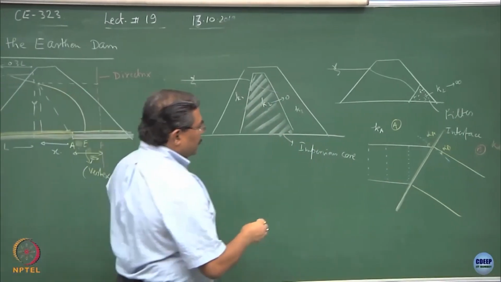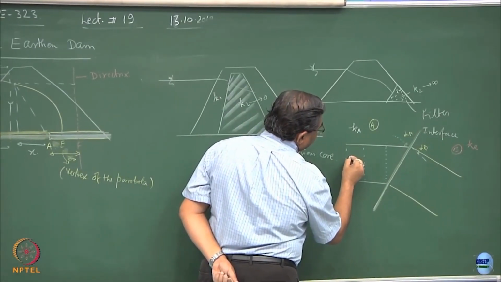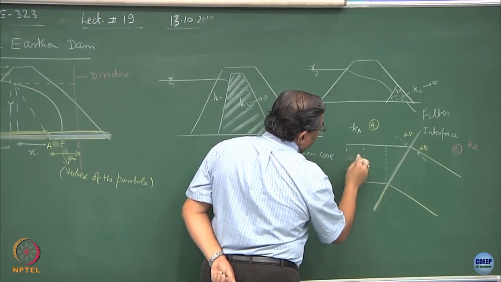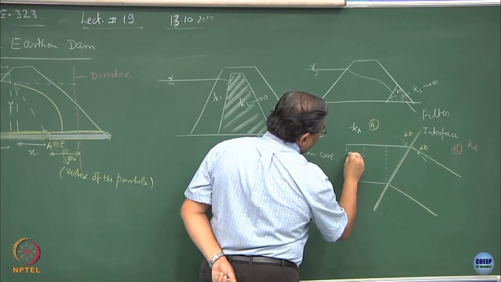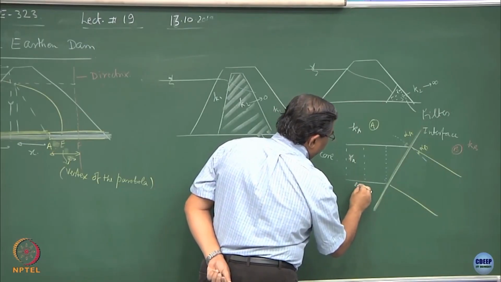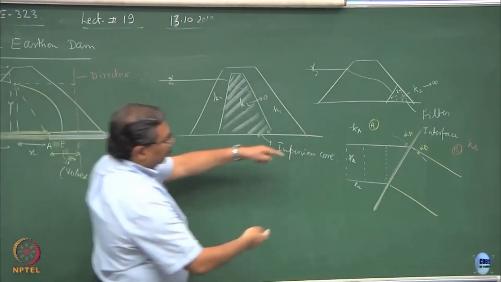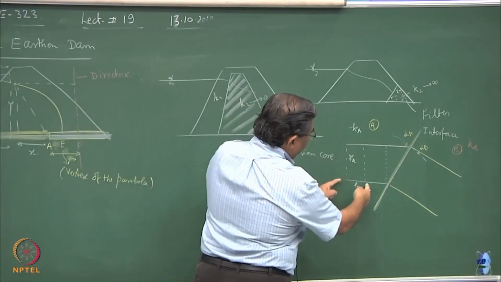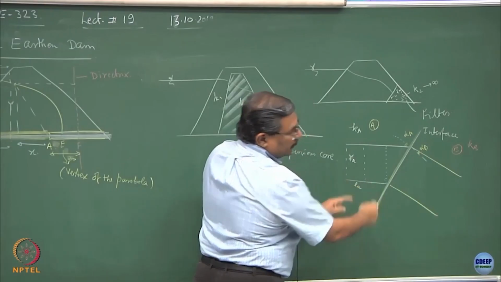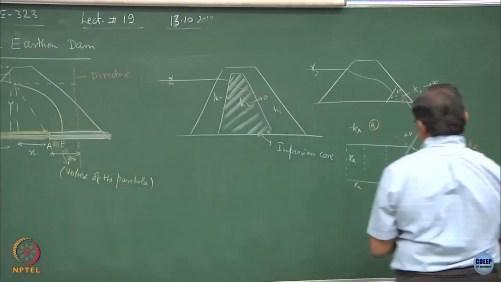I can assume this to be, let us say, x, y A, L A. So, Y A is the width of the channel, L A is the length of the channel. The same thing can be done over here also.